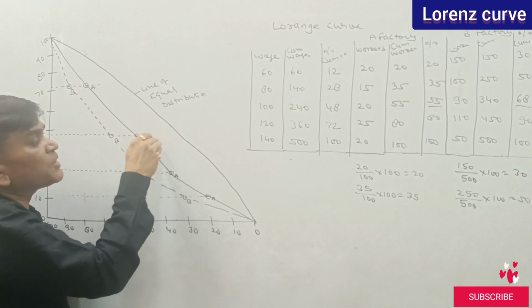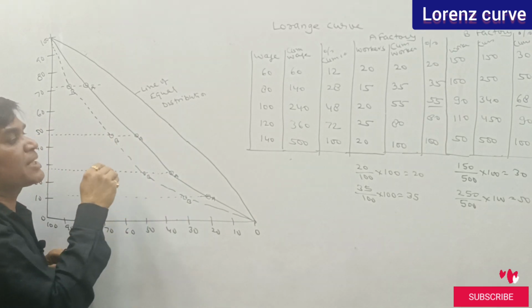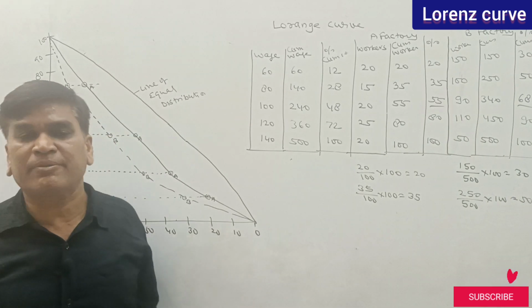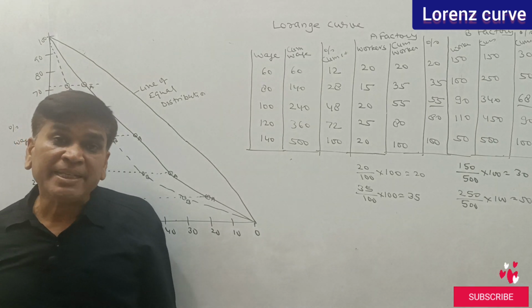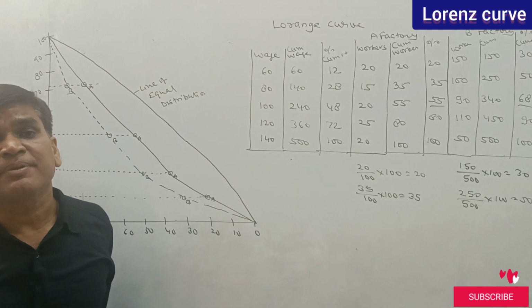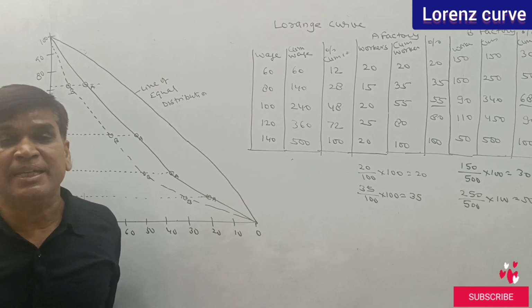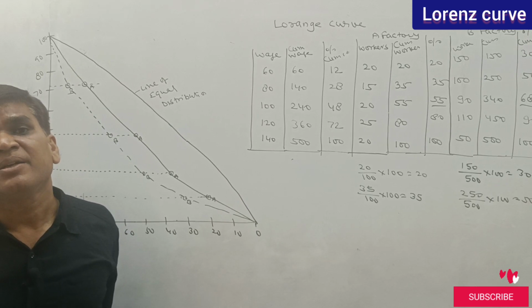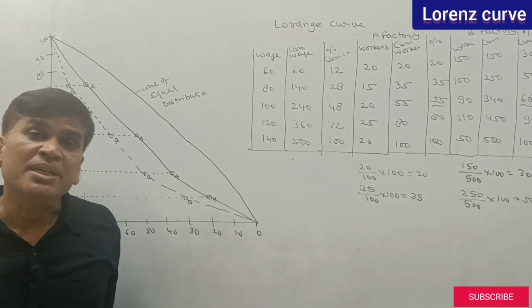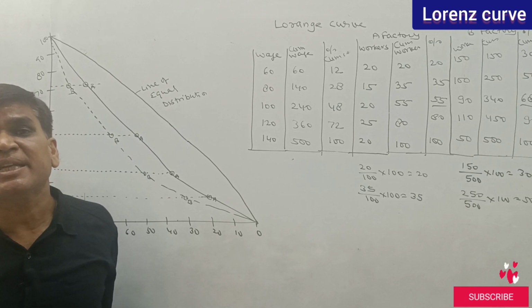A curve is near to the line of equal distribution, B curve is somewhat far from the line of equal distribution. So seeing this, we can say with the help of the graph that there is more consistency in A series than B, or we can say that B series has more variability than A.